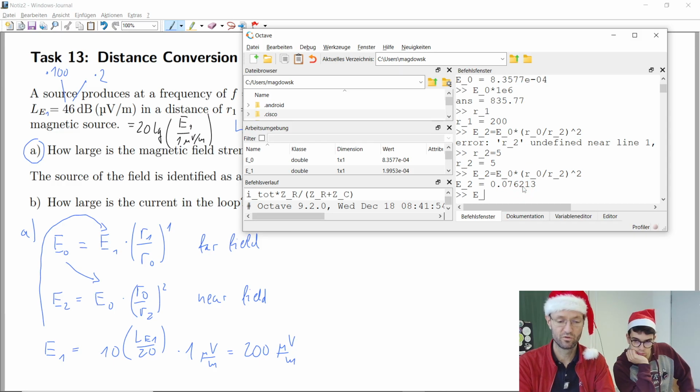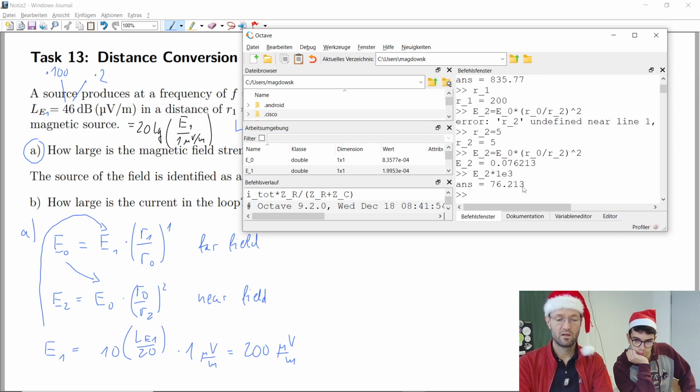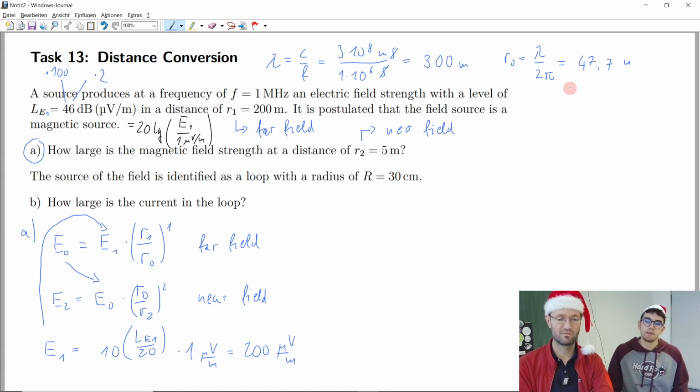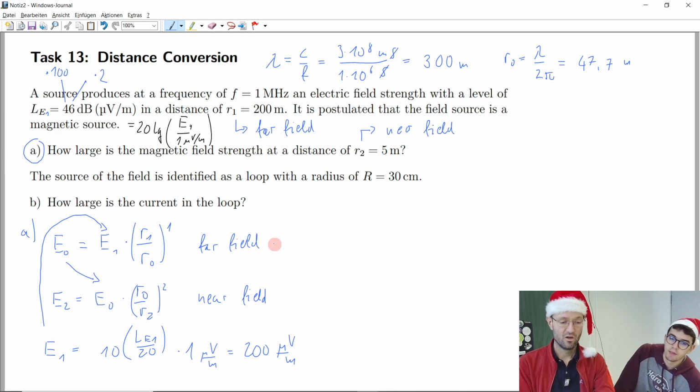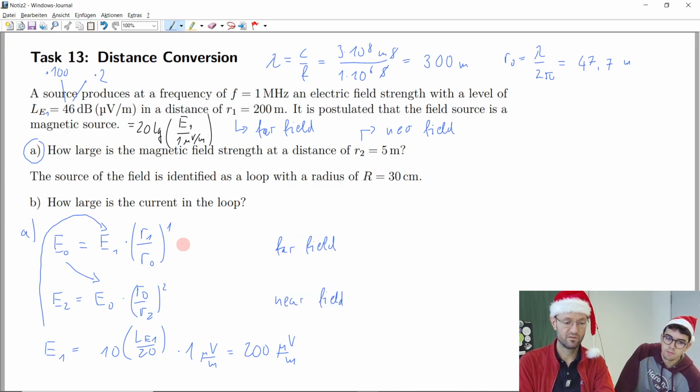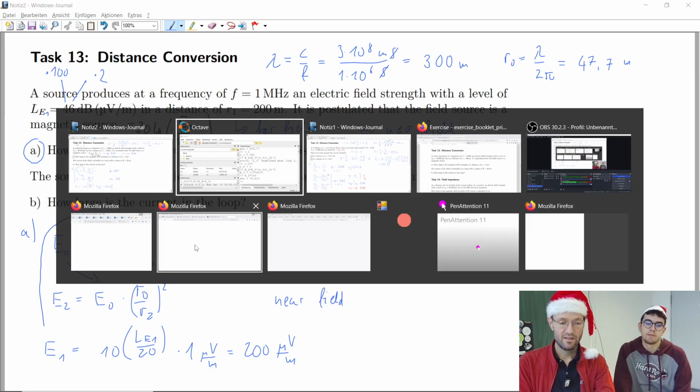So if I convert the E2 into millivolts per meter, we get not 80 but a little less, which also makes sense because we did not start at 50, we started at something else that was already a bit smaller. Let's move this a little bit to the side so that I still have some space here to write the results.